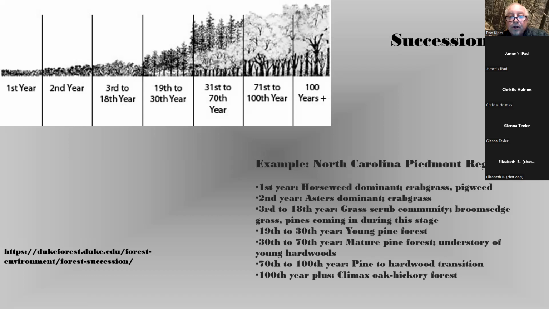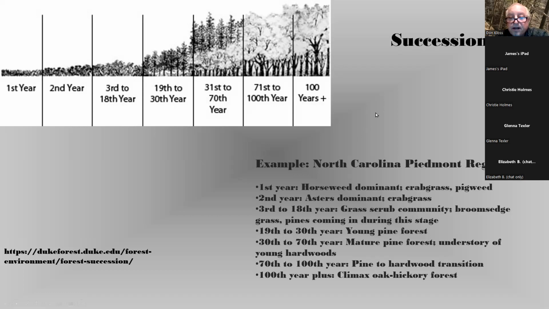And then the third through the 18th years, it is called grass scrub community. It is mostly broom sedge grass, and some young pines and junipers start to develop in that stage.